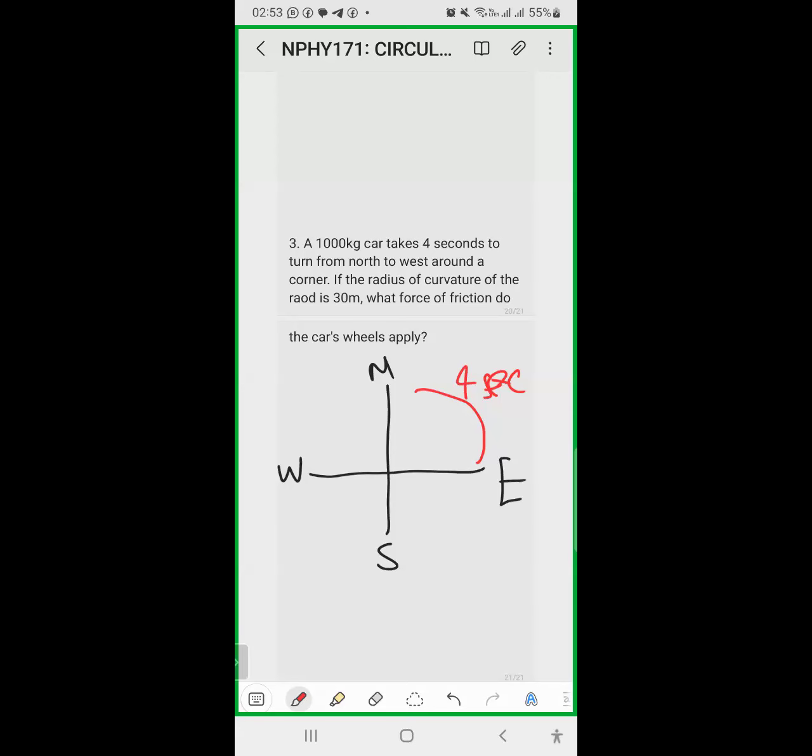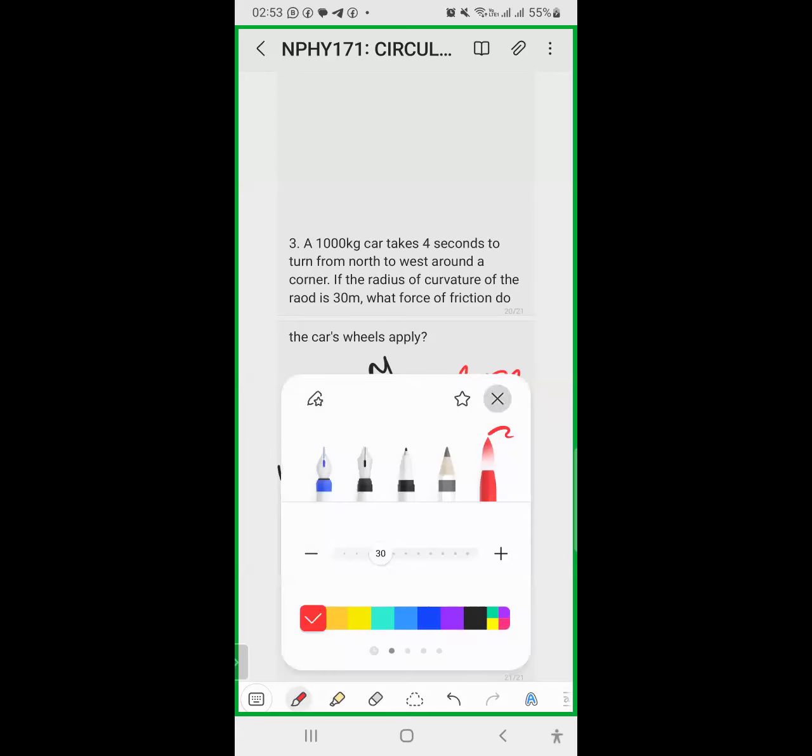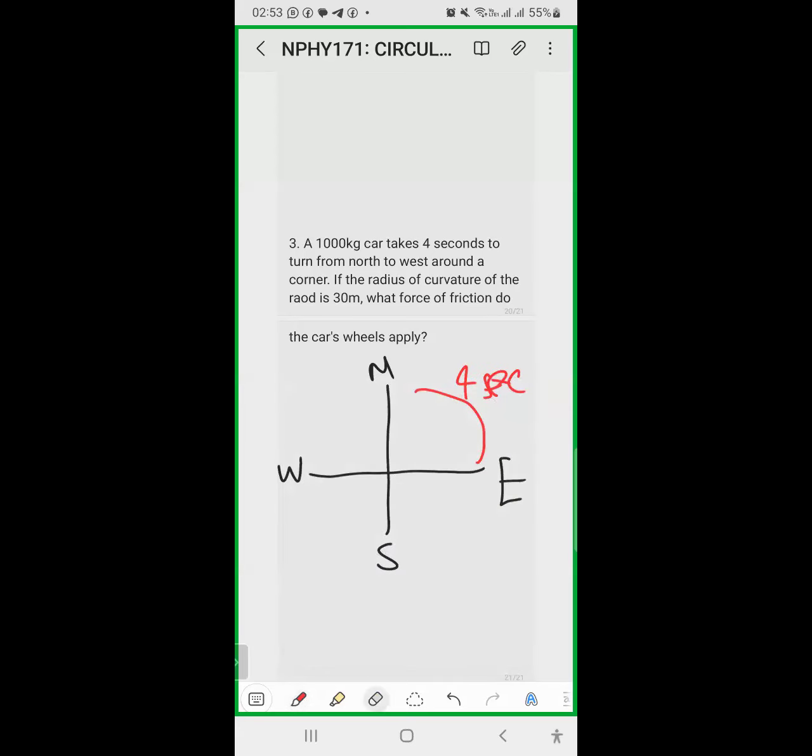I made east to north, I made a mistake, but not a huge mistake. So it's the one causing this car to turn from north to west, and it only took 4 seconds.